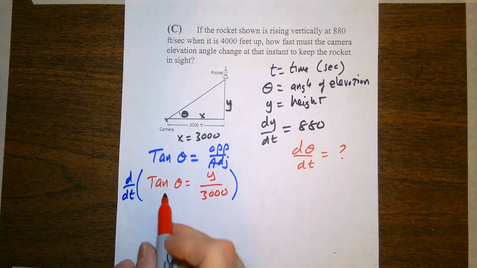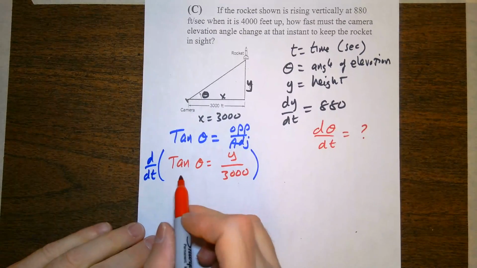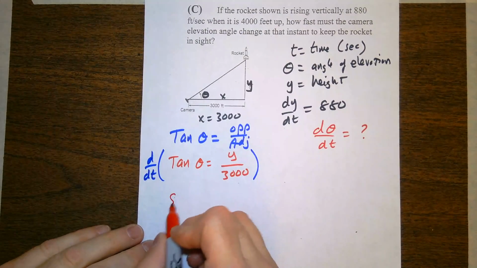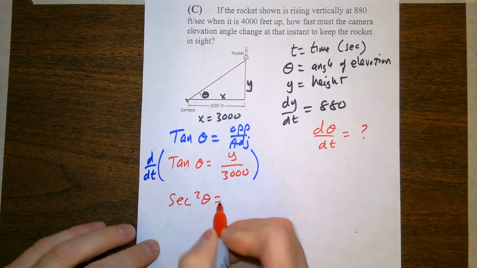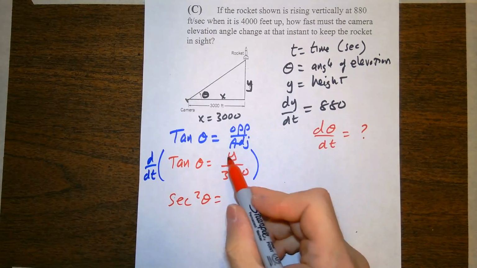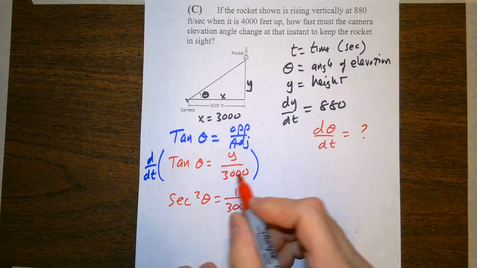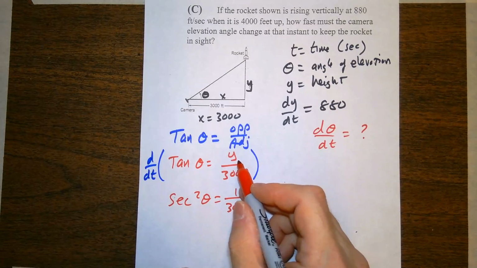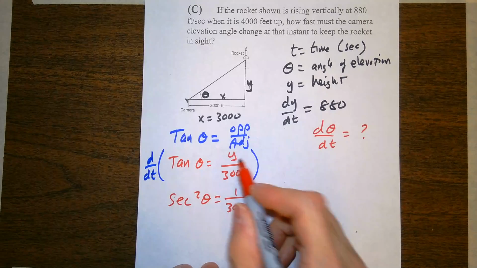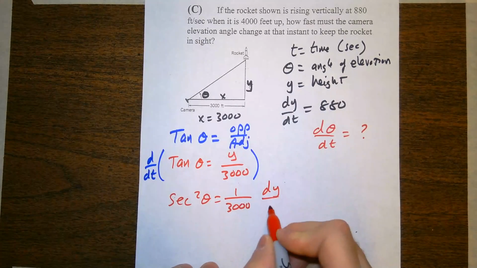We're going to have to take the derivative of tangent, and we should know this one. The derivative of tangent is secant squared, equals, now 1 over 3,000, that's a constant. Just pull that out front. It's not going to disappear because of the y. But what's the derivative of the y value? dy/dt.